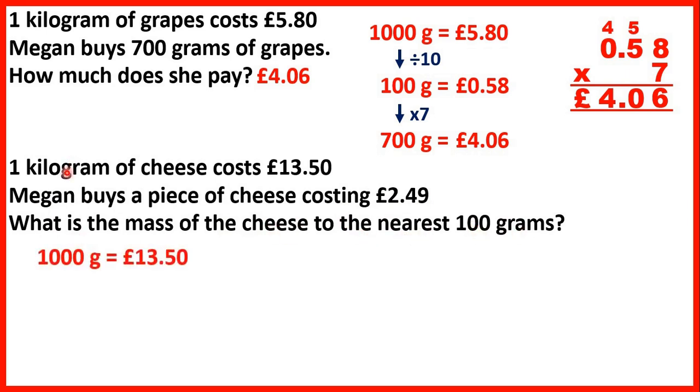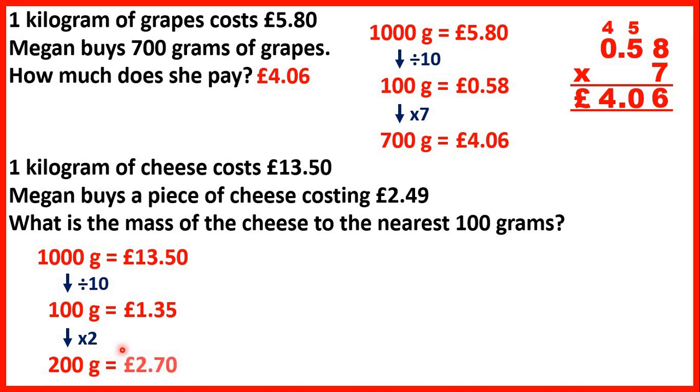So 1,000 grams or 1 kilogram is £13.50. So if we divide by 10, £13.50 divided by 10 is £1.35. So that's the cost of 100 grams. But Megan spends more than that. So let's multiply by 2 to find the cost of 200 grams. That's £2.70. £1.35 times 2 is £2.70.